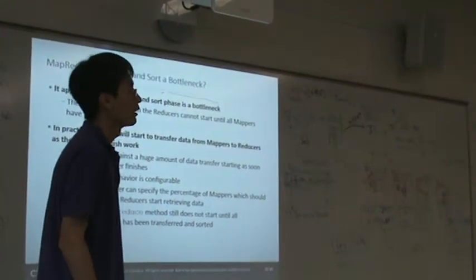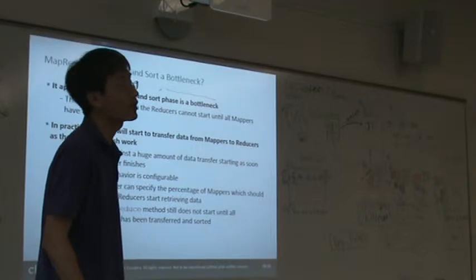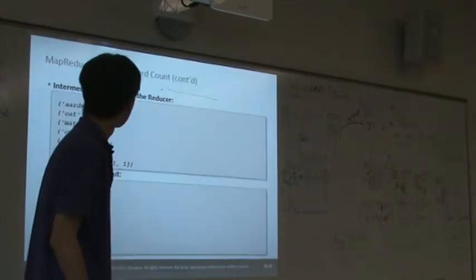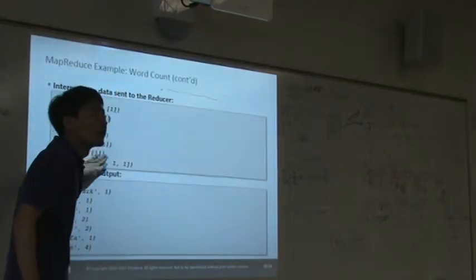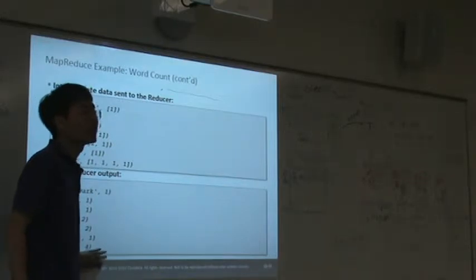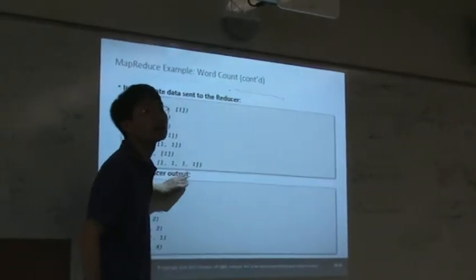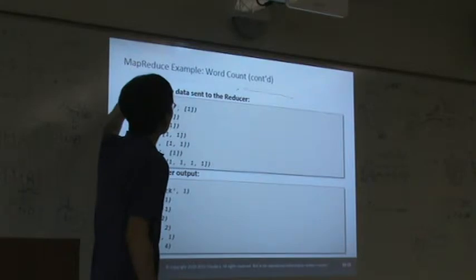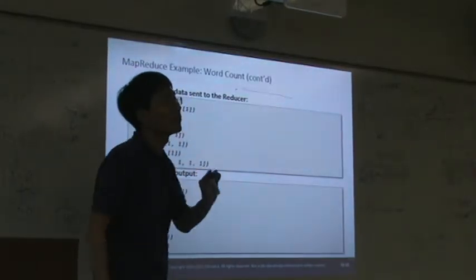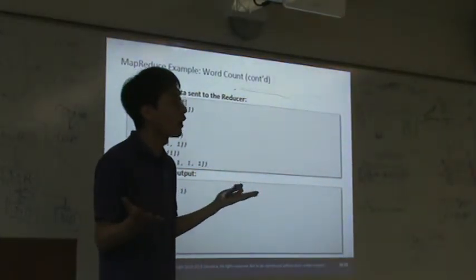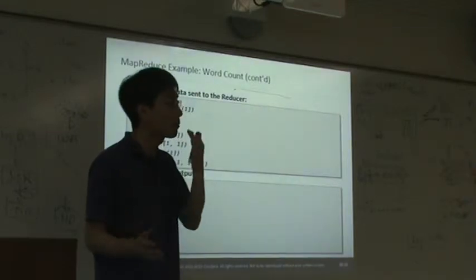Sometimes if your business logic is simple, you don't have to have a reducer. There is map reducer programming without a reducer, so the final output of the mapper can be the final output. That's also possible.